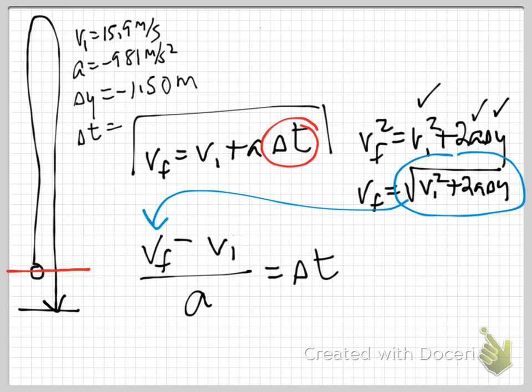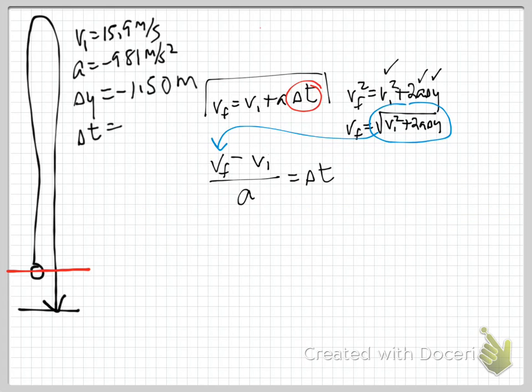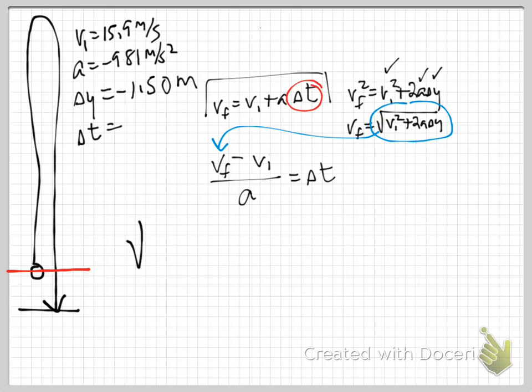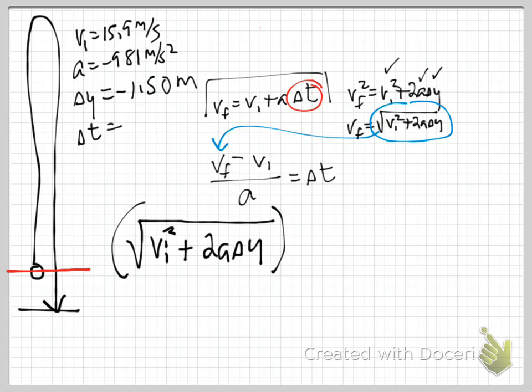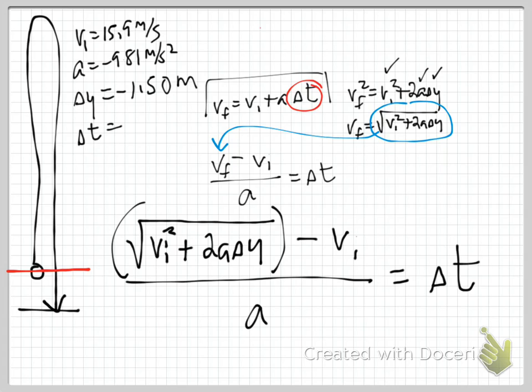So what that looks like, let's move and shrink, is square root of VI squared plus 2A delta y. And if you need to put that in parentheses for yourself so you don't forget where that radical ends, do it. I sometimes do that to just kind of keep my work neater for me so I don't screw up. Minus VI divided by A equals delta t.